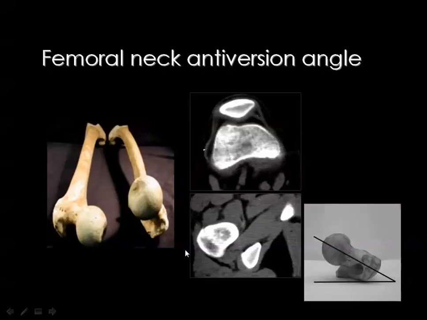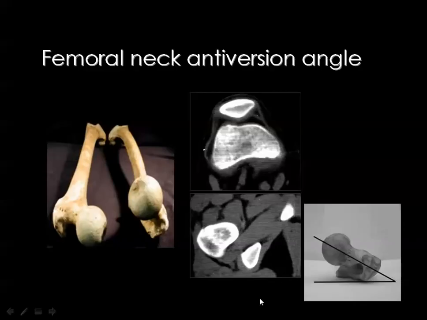And whenever you put the femur on the table, you got some angle between the femoral neck and the table. This is known as the anteversion angle, and you can see in this femur the anteversion angle is very large, and there is a large angle between the femoral neck and the table. We used to measure this anteversion angle by doing this scan.